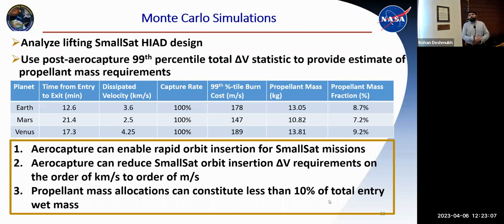Because with aerocapture, basically the idea is you're taking a satellite, you're housing an aeroshell around it. So you're adding mass to the total entry. But at the same time, you have a thermal protection system and all the other configurations there, and you have to make that entire package fit within the secondary payload adapter. So to answer your question, I think that's something that we're looking at in future work. Yeah, thank you.